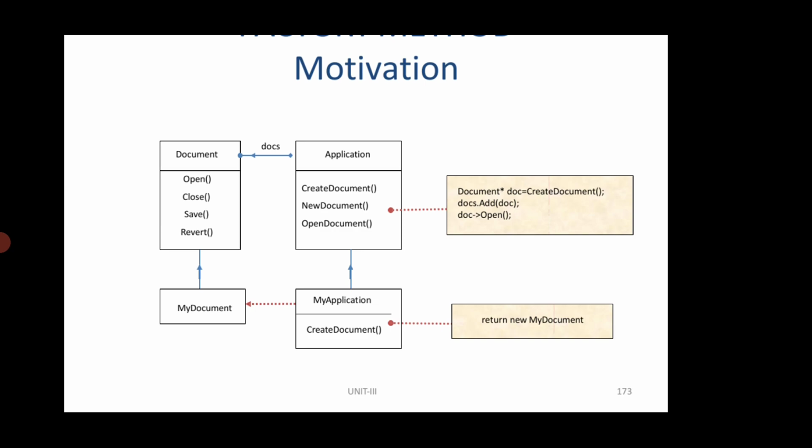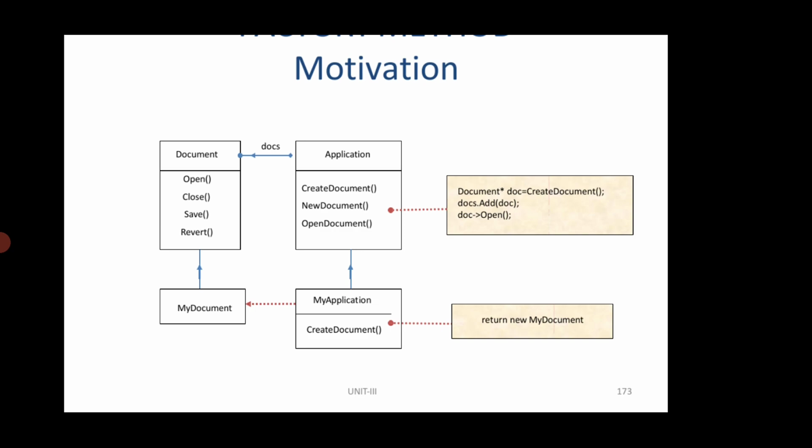So once an application subclass is instantiated, it can then instantiate application-specific documents without knowing their classes. We call create document a factory method, because it is responsible for manufacturing an object.